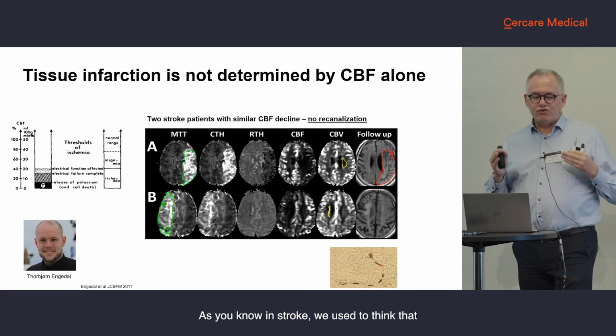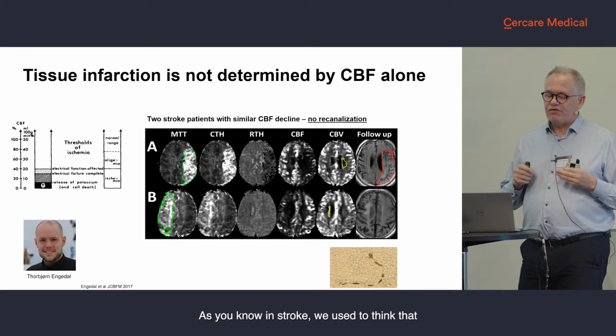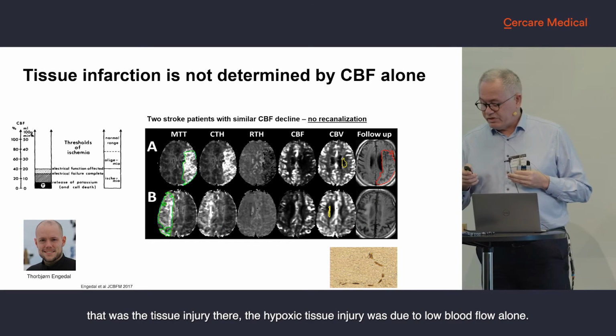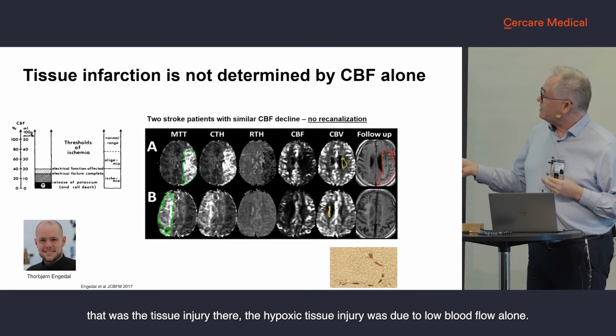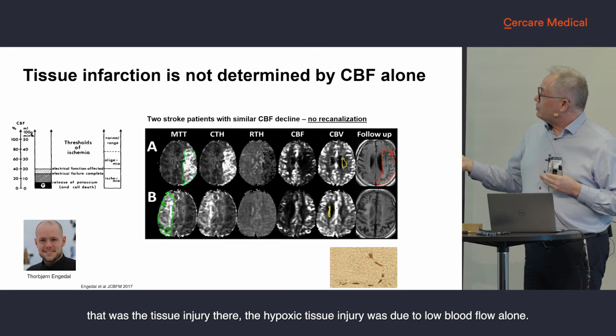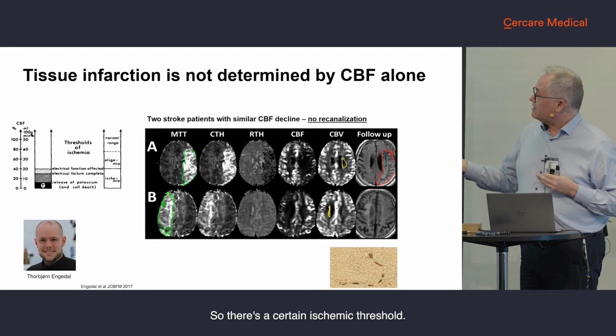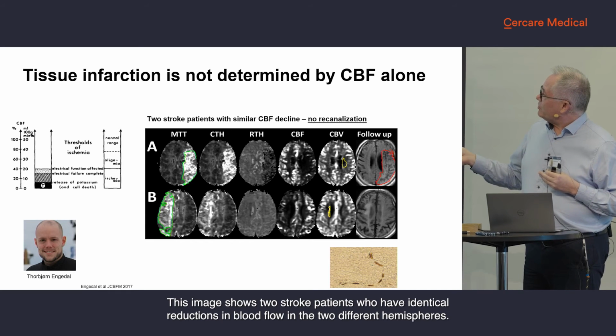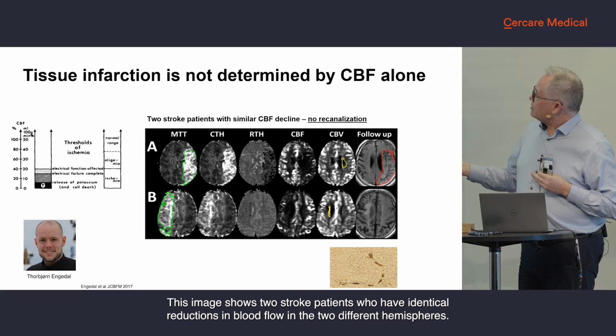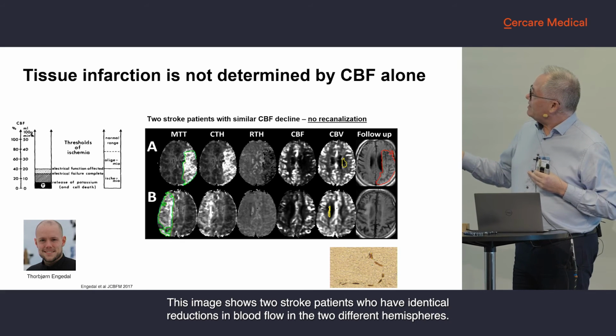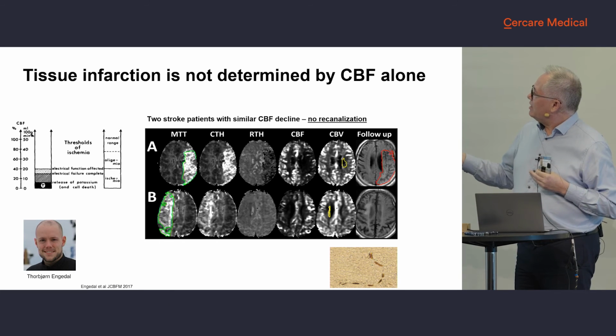As you know, in stroke, we used to think that the hypoxic tissue injury was due to low blood flow alone. So there's a certain ischemic threshold. What this image shows is two stroke patients who have identical reductions in blood flow in the two different hemispheres.